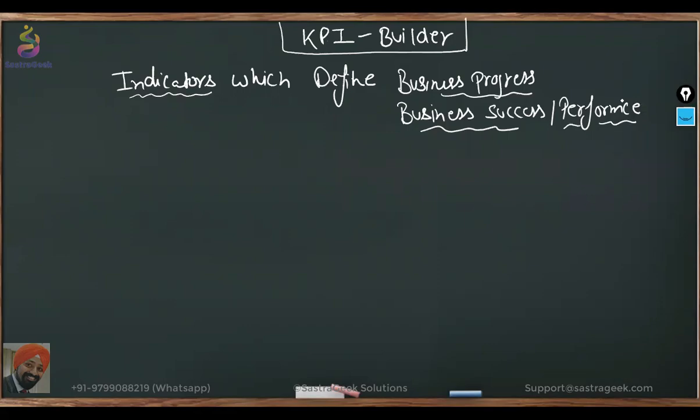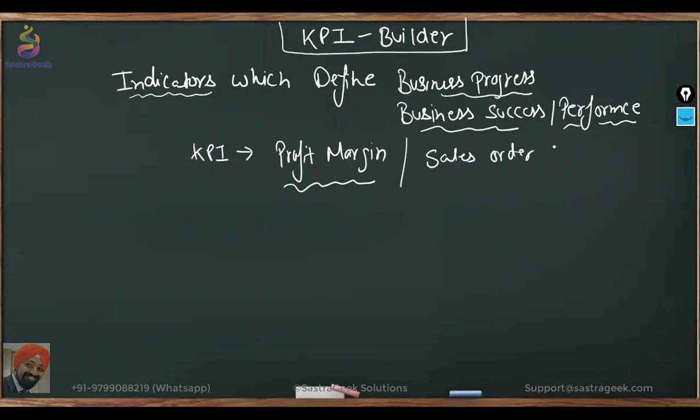An example of a KPI can be your profit margin. Your sales order issues, what kind of different issues there are that can impact your fulfillment, can be a KPI. Your sales volume can be a KPI.